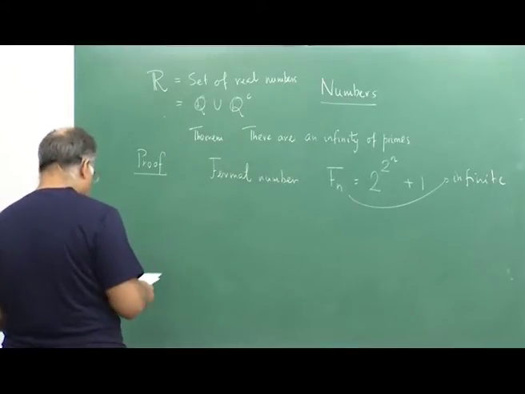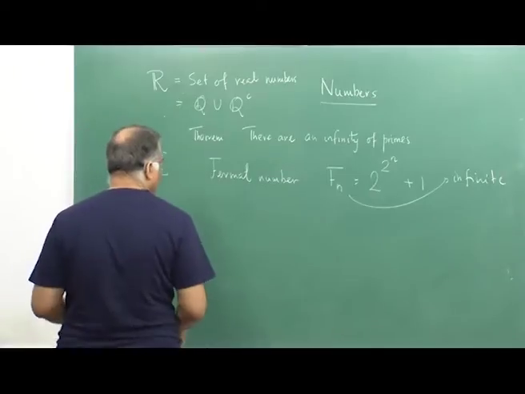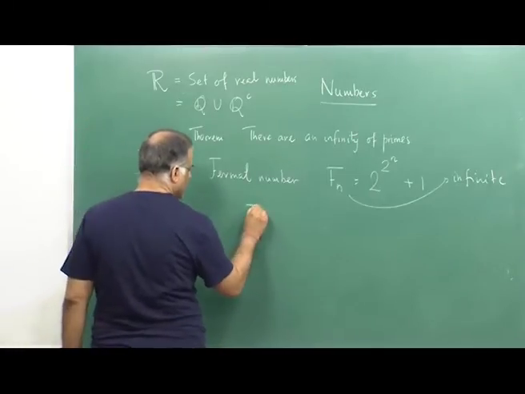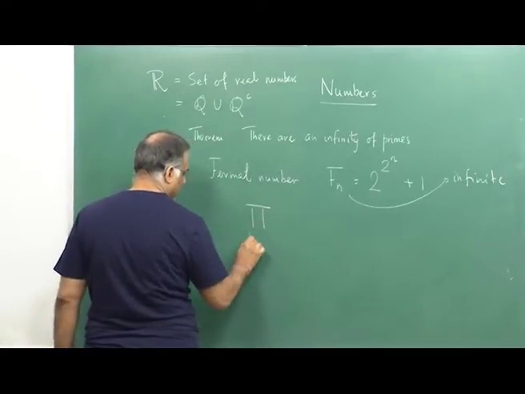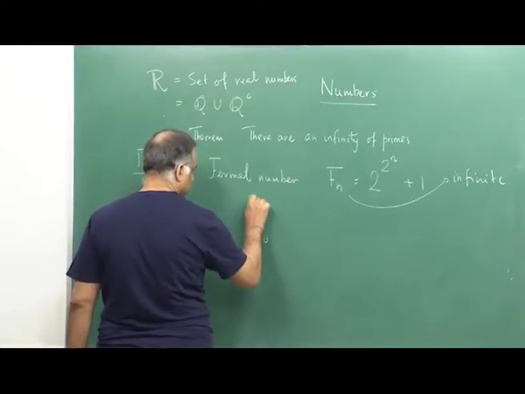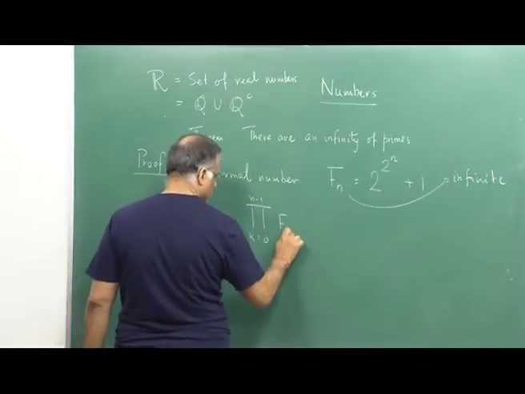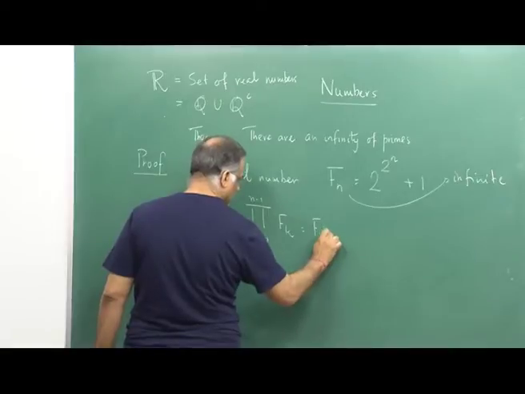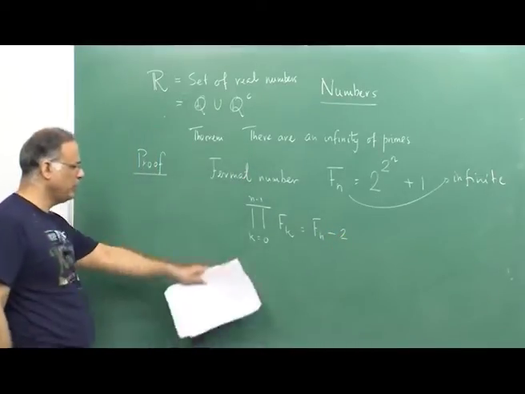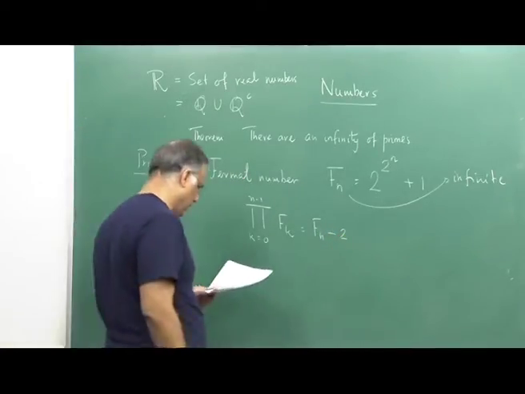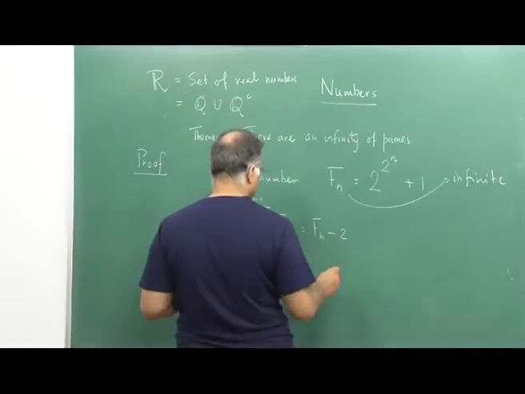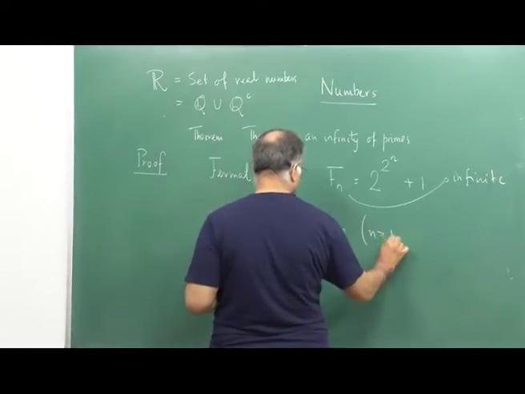In order to do this, we really use this very important recursive relation. We will show it by induction actually, and n of course is greater than or equal to 1.